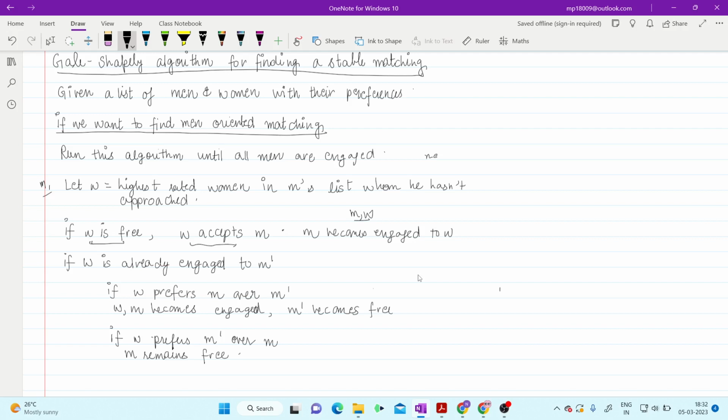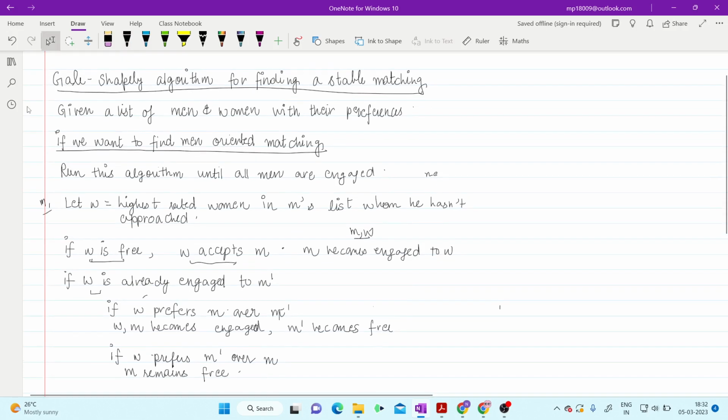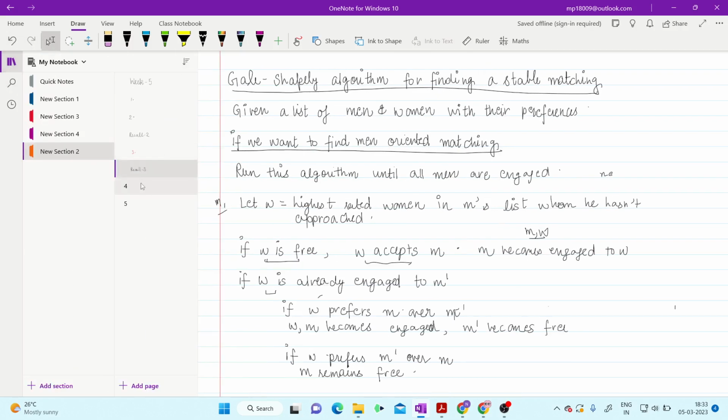But if she is already engaged to some man, say M dash, then she decides accordingly. If W prefers M over M dash, then W and M become engaged and M dash becomes free. But if W prefers M dash over M, then M remains free. We'll understand this algorithm better by an example.